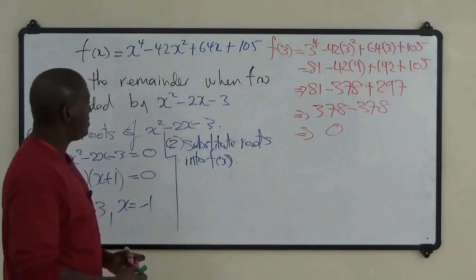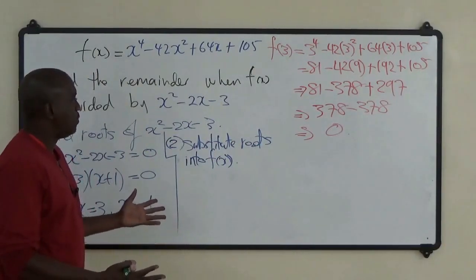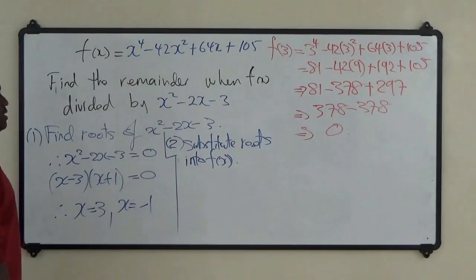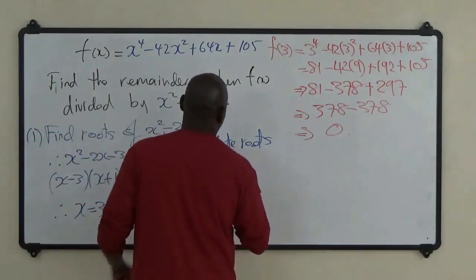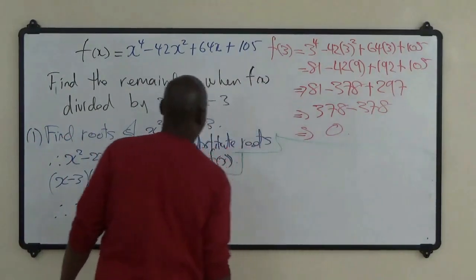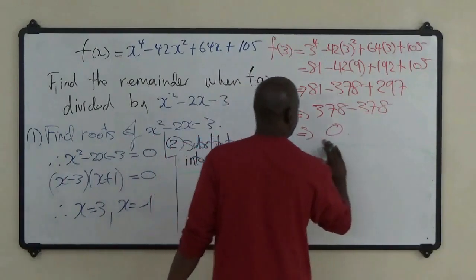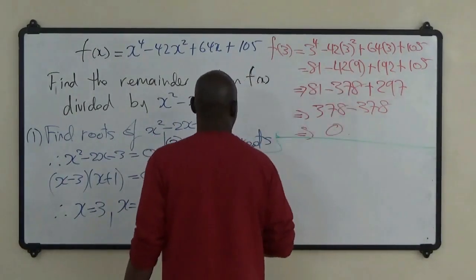And if we want to demonstrate, just for the sake of argument, we could substitute x equal minus 1 into the dividend as well. So that's what we're going to do now. Alright, so we make some space. So we say, how we started?